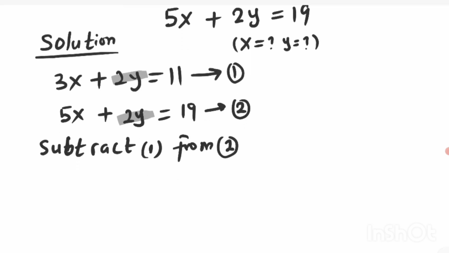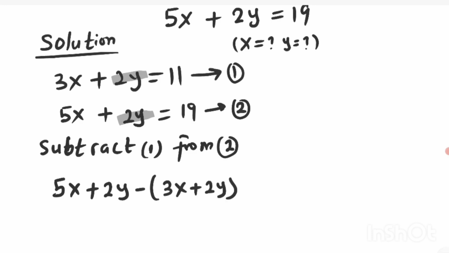Then we have 5x plus 2y minus 3x plus 2y is equal to 19 minus 11.